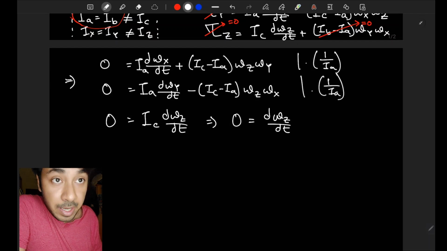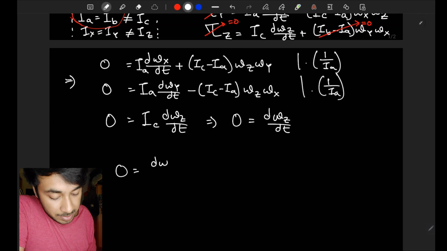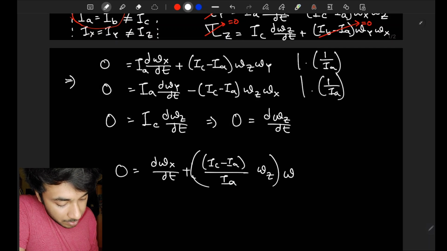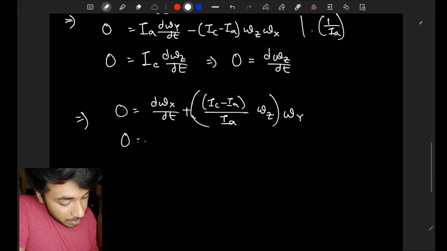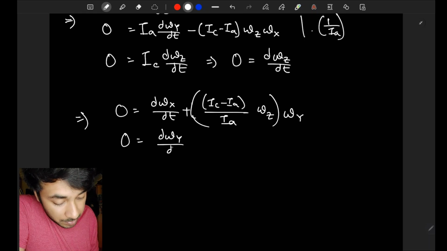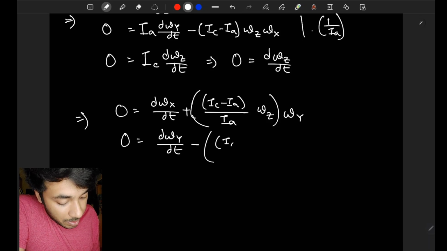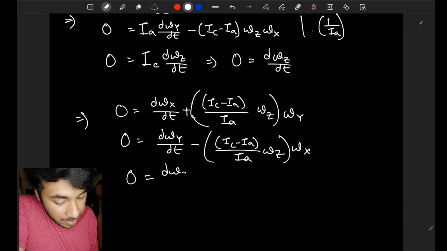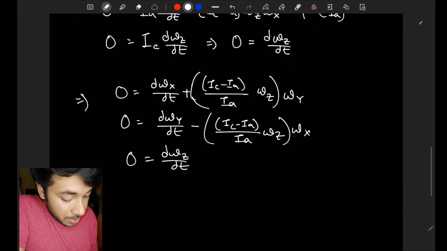And what we get is 0 is equal to d omega x dt plus IC minus IA divided by IA, in a bracket, omega z omega y. Sorry, I was a bit quick in that. And you have 0 is equal to d omega y dt minus IC minus IA divided by IA omega z omega x, and then you have 0 is equal to d omega z by dt.